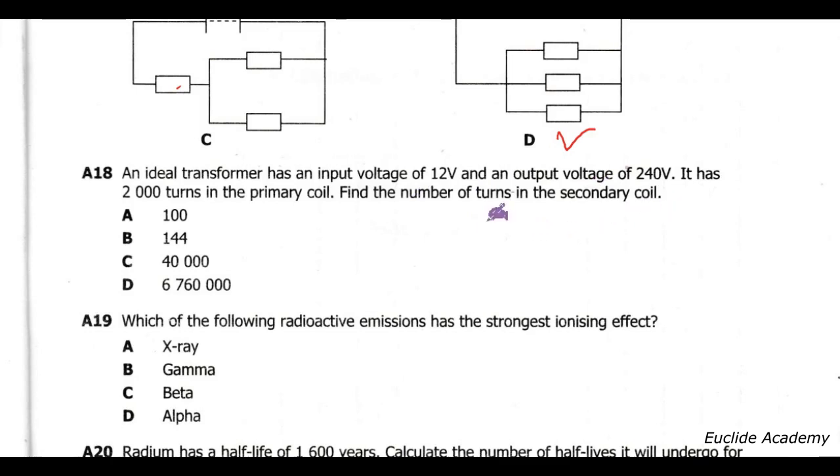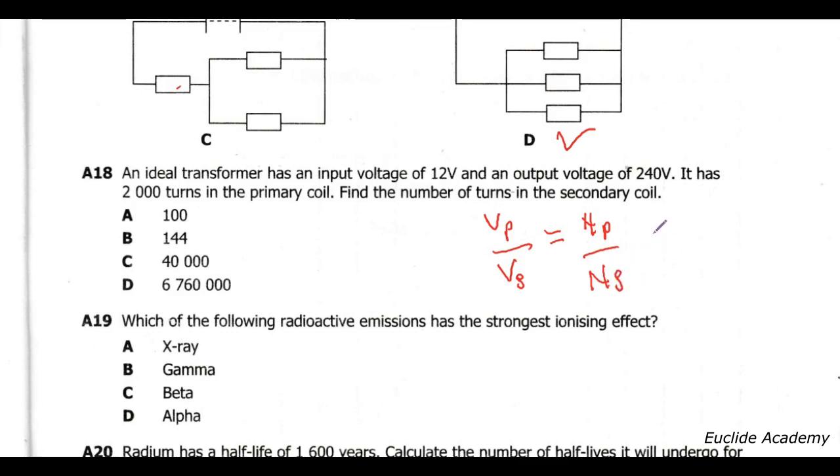So for a step-up transformer, we have that the voltage of the primary divided by the voltage of the secondary should be equal to the number of turns of the primary divided by the number of turns in the secondary.